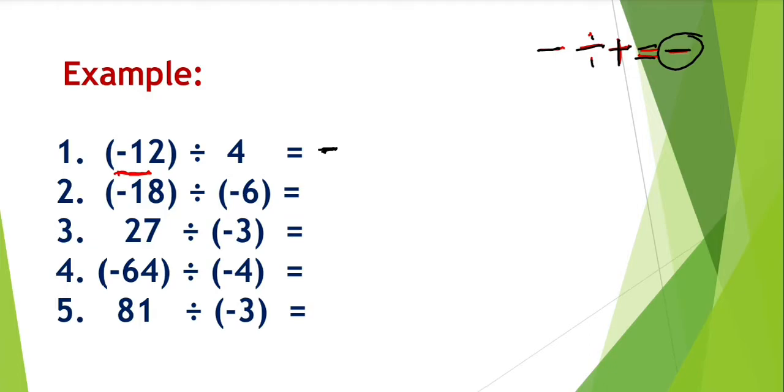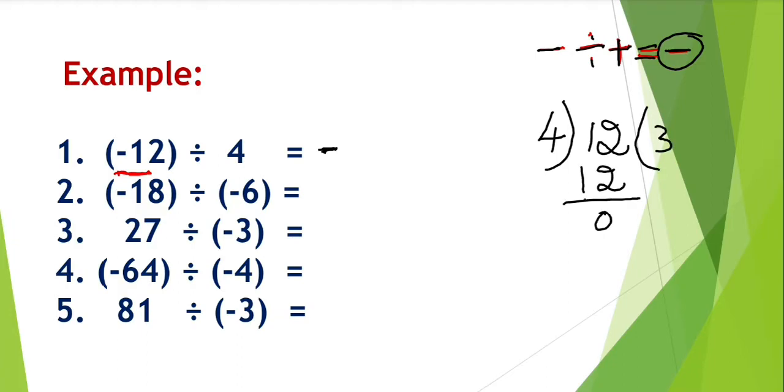12 divided by 4. Already you know that 12 divided by 4 means we have to divide 12 with 4. We know how to do that. 4 threes are 12. Like this you can do the division, or you can do it like this also: minus 12 by 4.